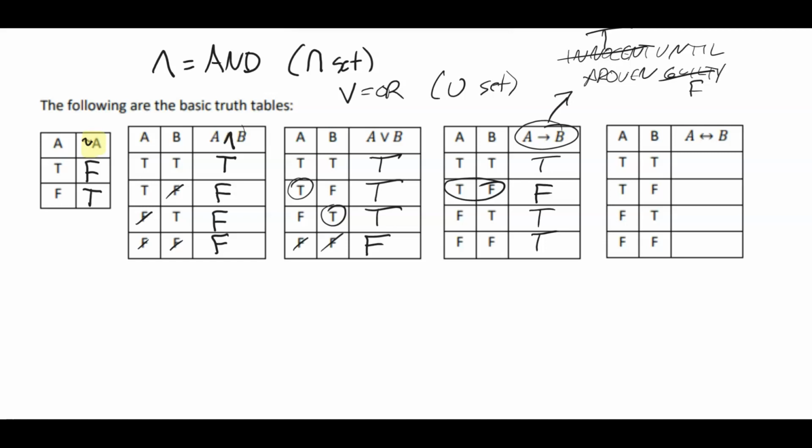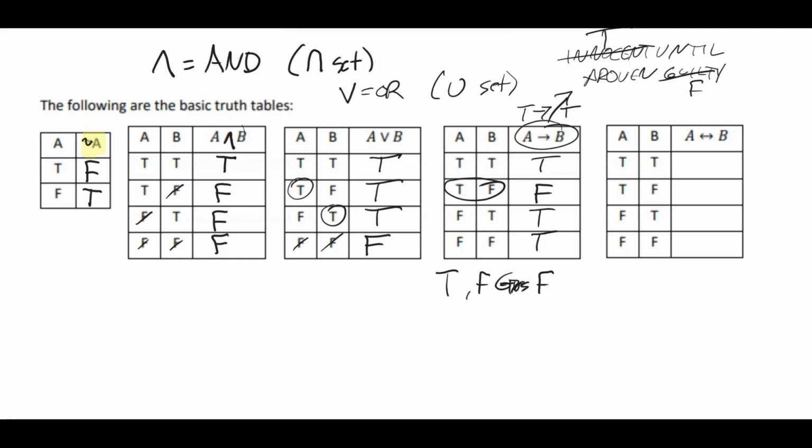Now, these other two, if A isn't true, B doesn't follow from it at all. B can be anything it wants. So these are true, or a false implies whatever you want. So what you look for on these are a true and a false gives a false.